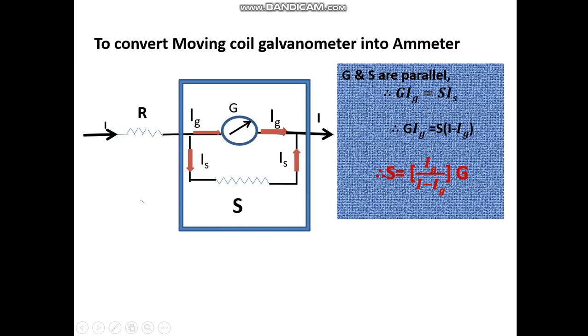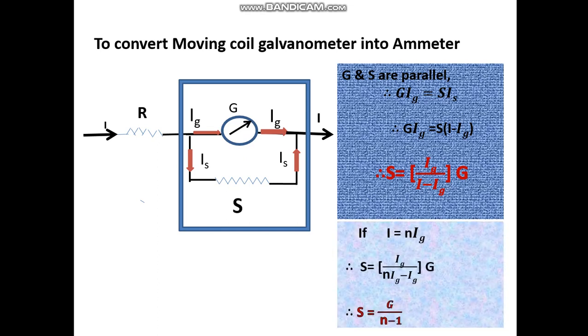Therefore, the voltage across the galvanometer, G Ig, is equal to the voltage across the shunt, S Is. Therefore, G Ig is equal to S into (I minus Ig), because as we can see, the current I gets divided into Ig and Is. Therefore, the shunt required is given by the equation S = Ig/(I - Ig) × G.